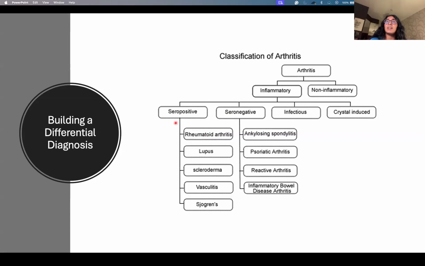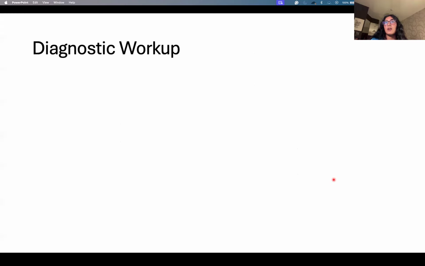It's not talking about all inflammatory markers, it's only referring to rheumatoid factor. Seronegative would be anything where you never see rheumatoid factor, but the thing they all have in common is they're normally positive for HLA-B27. And then you can have infectious, so that would be like septic arthritis, for example, and crystal-induced: gout versus pseudo-gout. So that's a nice table I found that differentiates the different causes.